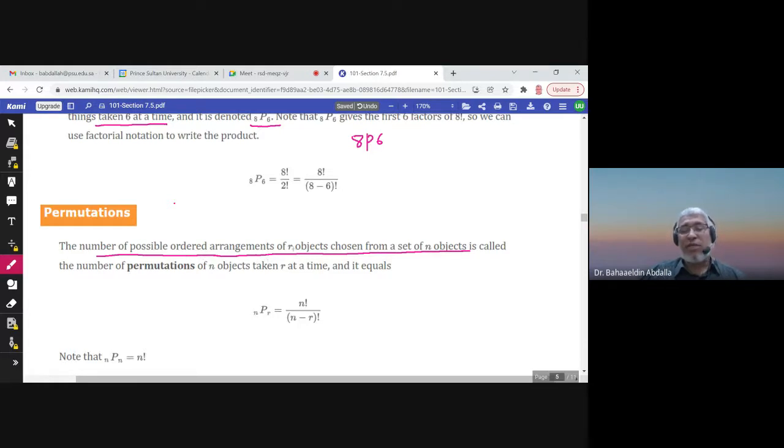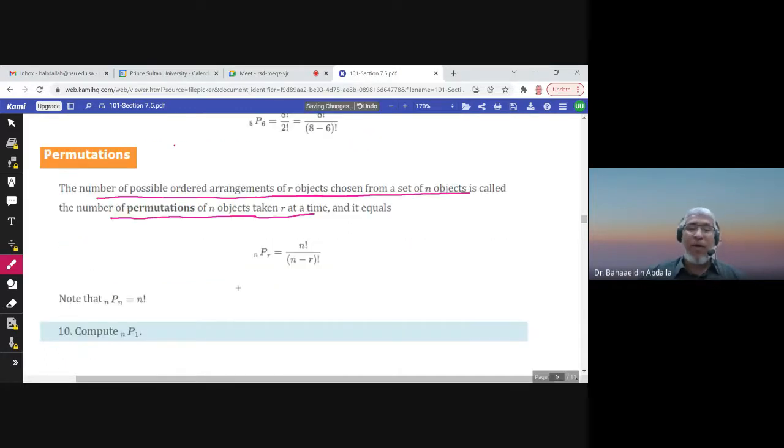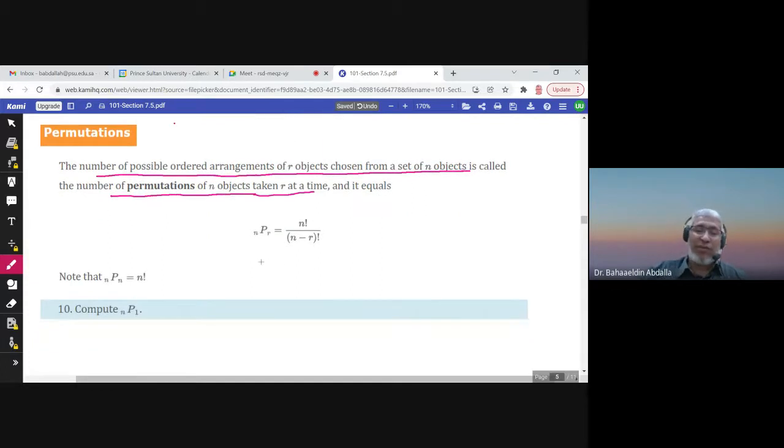So there is a difference between each of these r objects because there is an arrangement for each one of them. The order is important here. So if the order is important, if there is an arrangement, the number of choosing r of n is called the number of permutations of n objects taking r at a time. And we write it nPr.